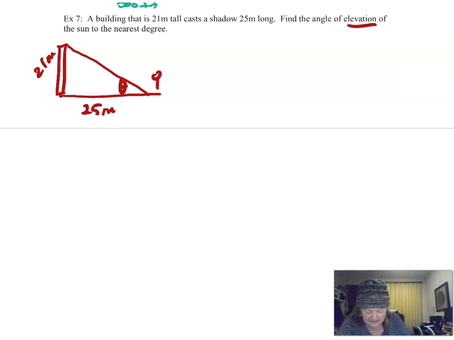So I'm going to pretend I'm standing there. I'm going to work out what trig function I should use. Looks like I have adjacent and opposite, so I'm going to use a tangent again. So I'm going to get tangent of theta this time because I don't know what the angle is, equals opposite 21 over 25.